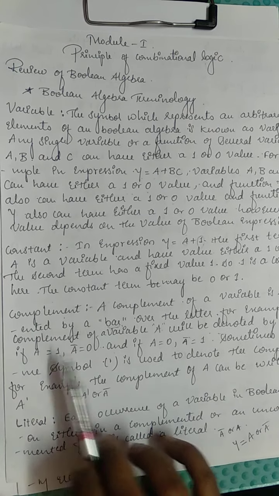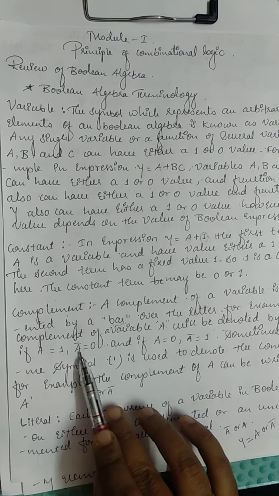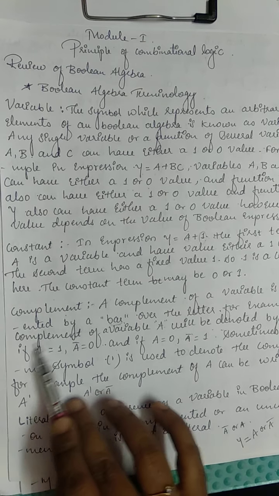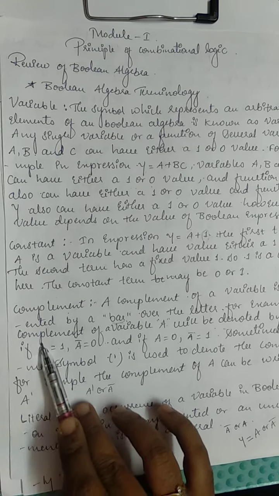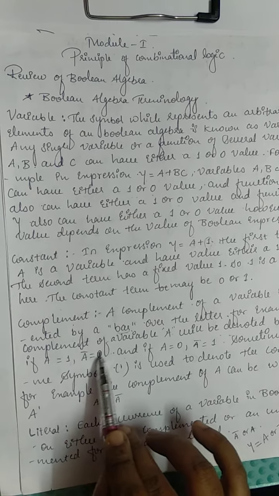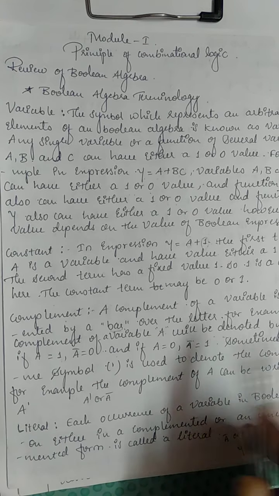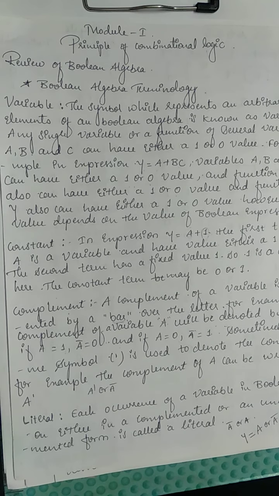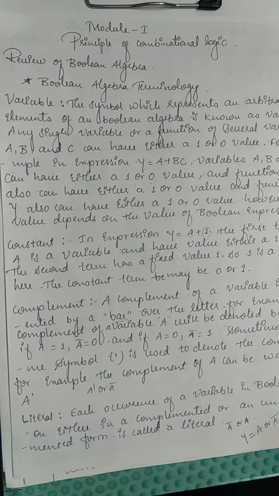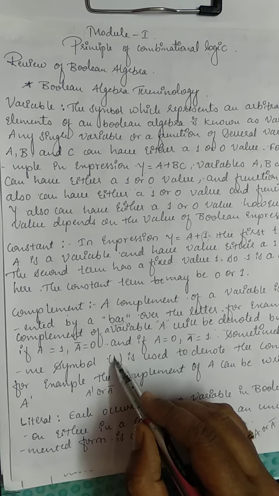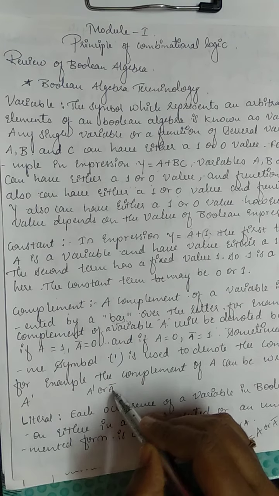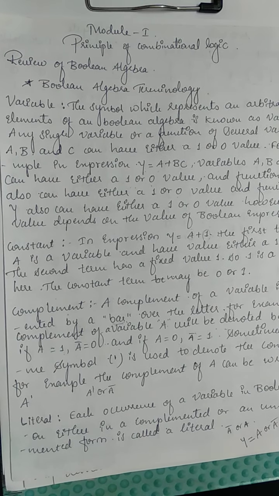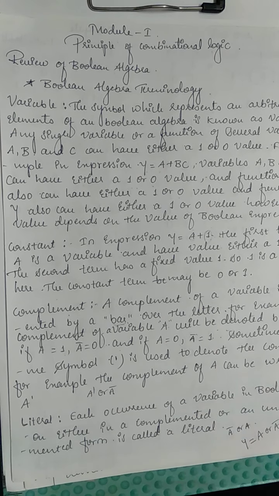If the value of A is 1, then the complement of A, that is A bar, equals 0. If A is 0, the complement A bar is 1. Sometimes this symbol can be represented as A dash or A bar.